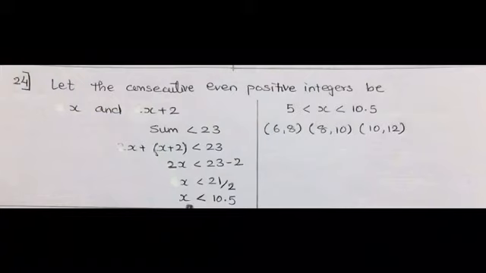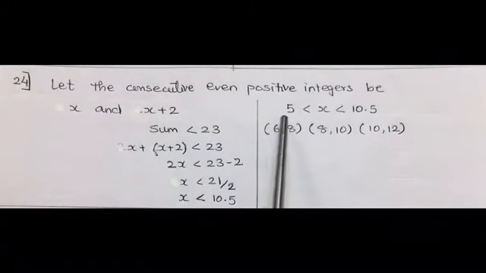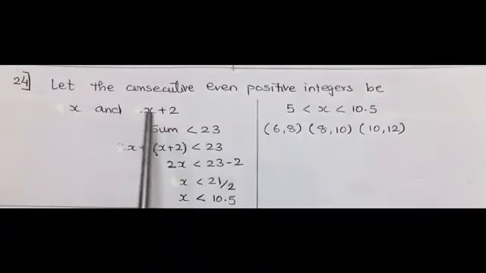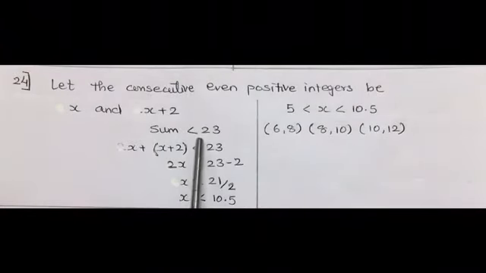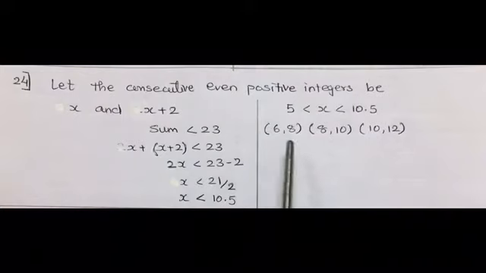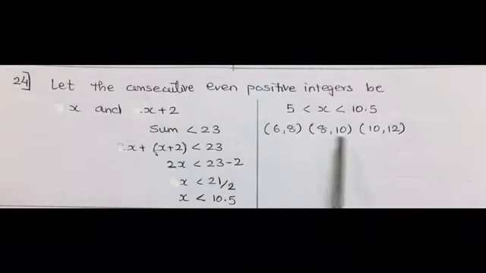So the value of x should be greater than 5 but less than 10.5, and the sum should be less than 23. So if we start taking the pairs, one pair will be 6, 8, another one will be 8, 10, and the third pair will be 10 and 12.